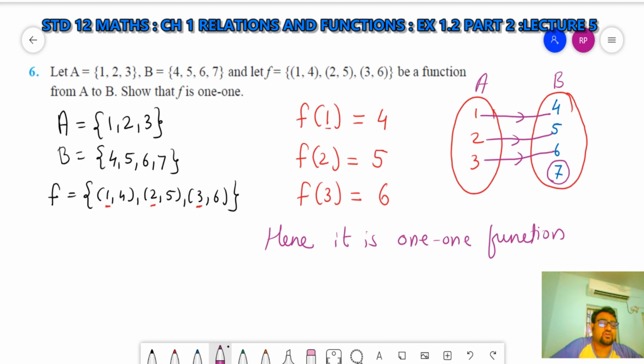What is an onto function? An onto function is such that for every element y belonging to B, there is an element x in A such that f(x) equals y. It means for every element of B, there must be a pre-image in the domain. So here there is no pre-image of 7 in the domain, hence it is not an onto function. Clear? But see, the question here is only one, so we will only note down till here. Okay, so note down question number 6.